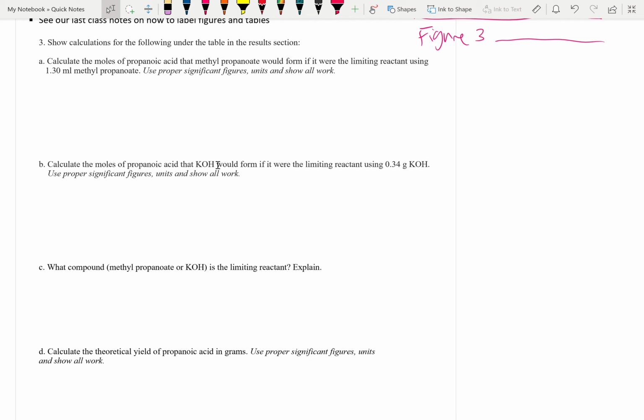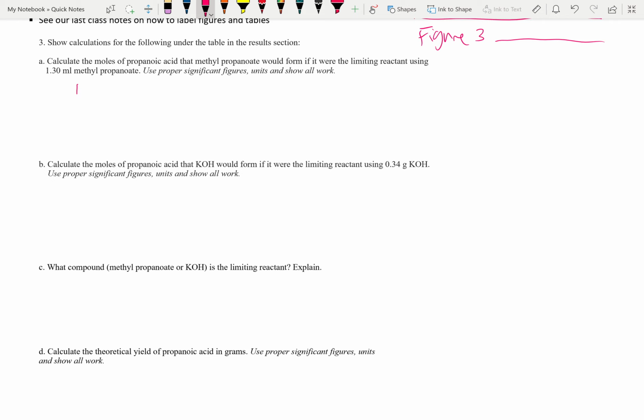So for part A, it says calculate the moles of propanoic acid that methylpropionate would form if it were the limiting reactant using 1.30 milliliters of methylpropanoate. So first, we need to convert the 1.30 milliliters of methylpropanoate into grams, and how we do that is we multiply it by the density.